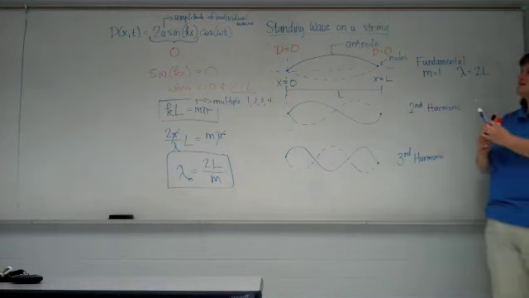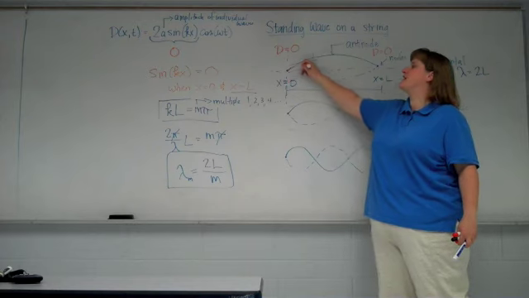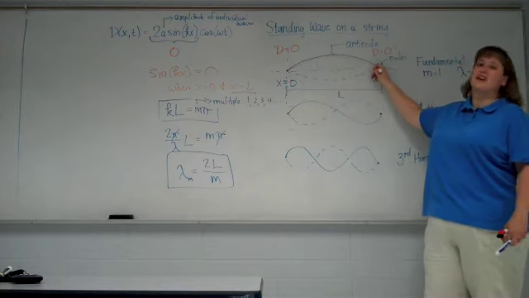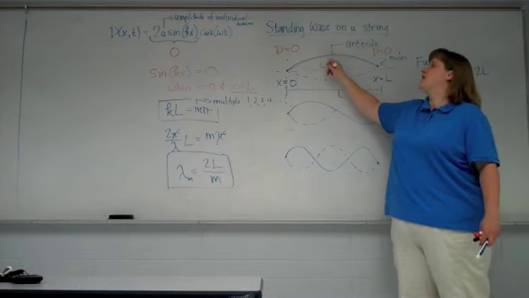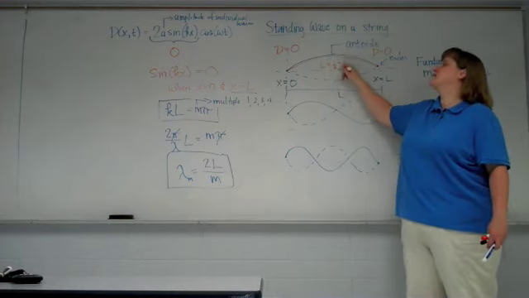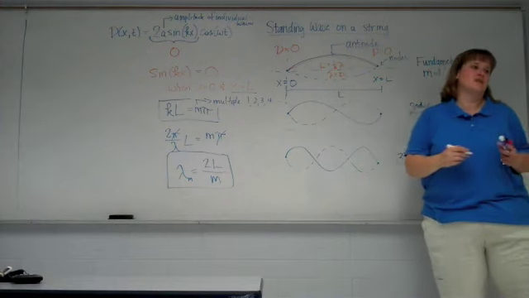Which should make sense. If I trace out this wave, so if I start here, trace out the wave and go to there, how much of a wave have I traced out? So L was half of a wavelength, which means wavelength is 2L. It's another way to look at it.